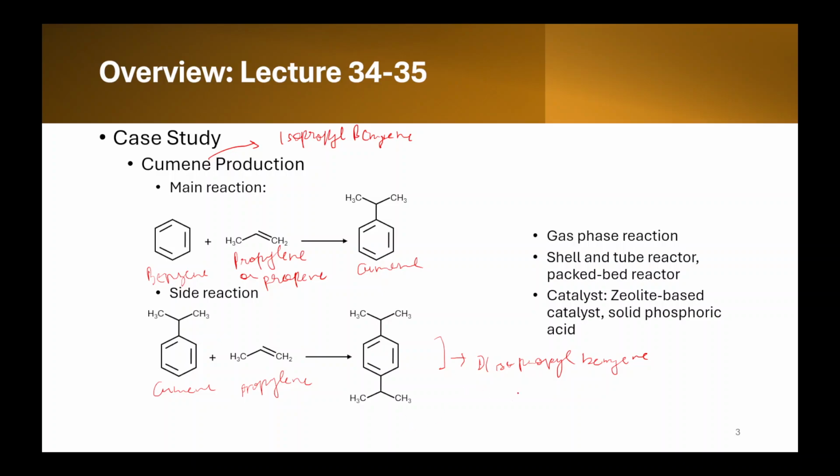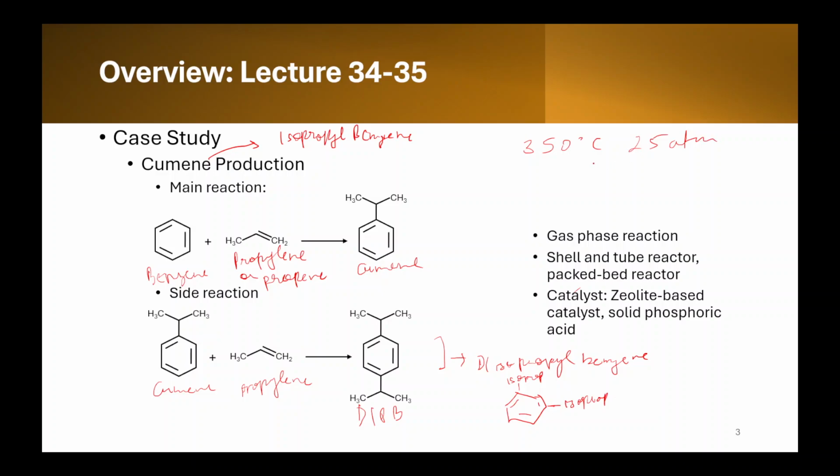It can also be in the meta position. Suppose this is an isopropyl group; the other isopropyl will be here. So this is meta, but the majority formed is para diisopropyl benzene, which is called DIPB.